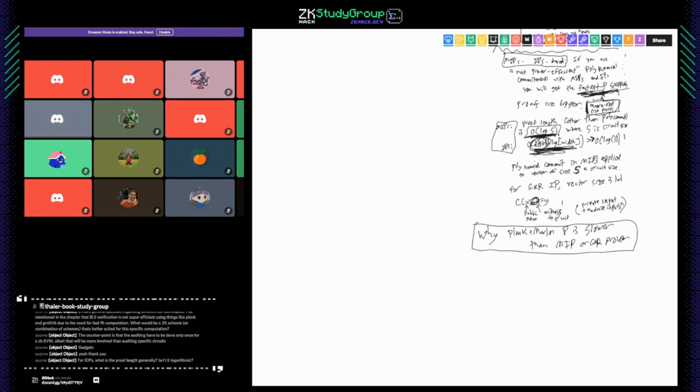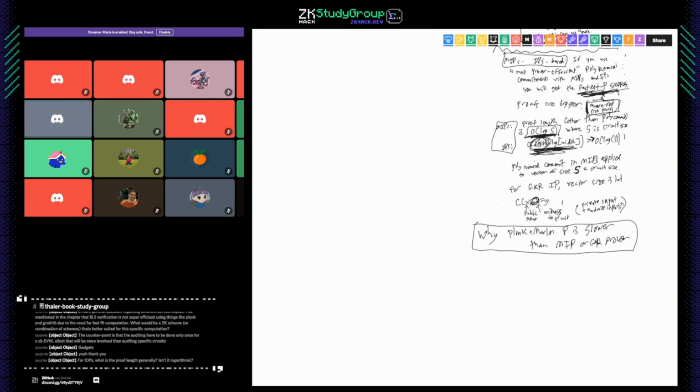What these IOPs do is give a way to do that testing without using an interactive low degree test, where the verifier sends a random challenge to the prover to figure out whether the committed evaluations are consistent with a low degree polynomial or not.